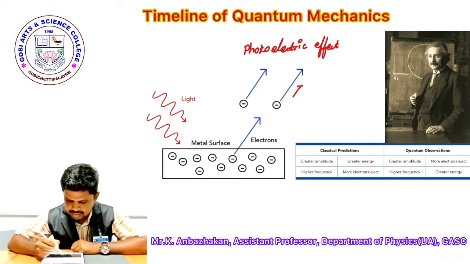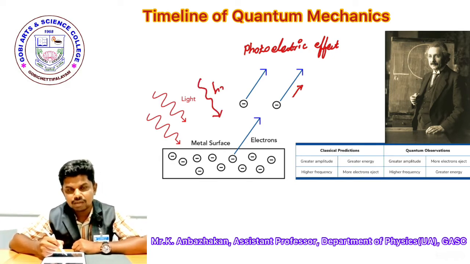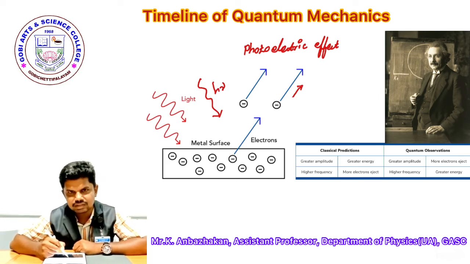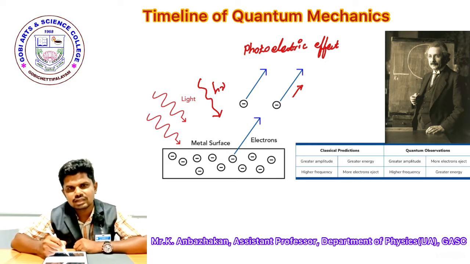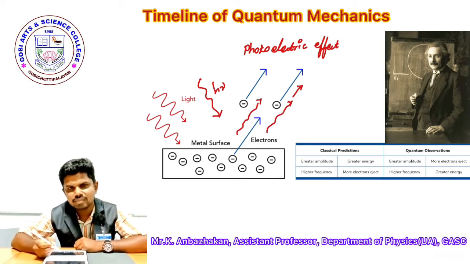The radiation is absorbed by the electrons in this metal surface, and with higher energy they can't stay stable on the surface, so they get emitted and come out of the metal surface.